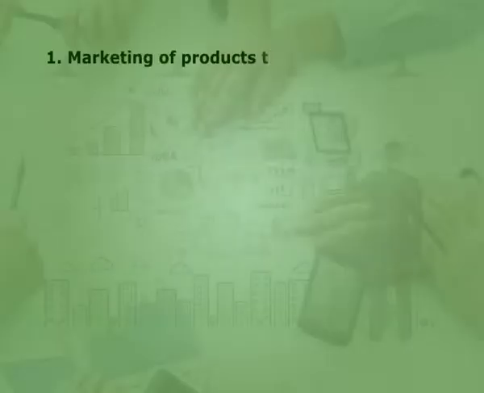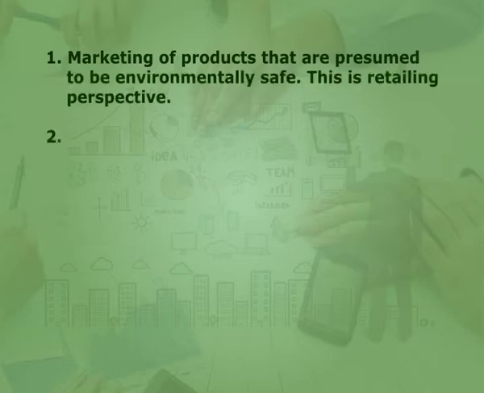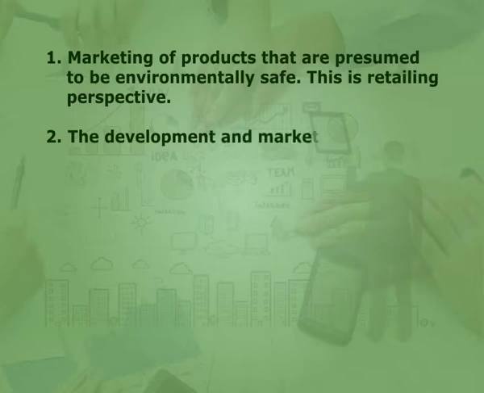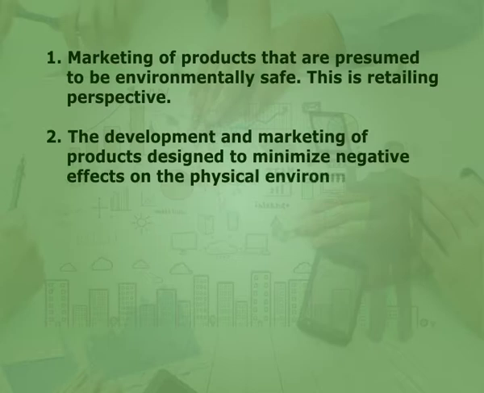American Marketing Association defines green marketing in 3 ways. First, marketing of products and services that are presumed to be environmentally safe. This is the retail perspective. Second, the development and marketing of products designed to minimize negative effects on the physical environment or to improve its quality.